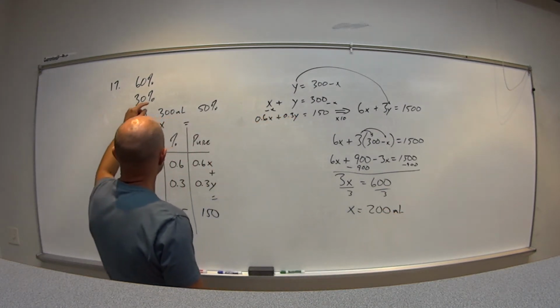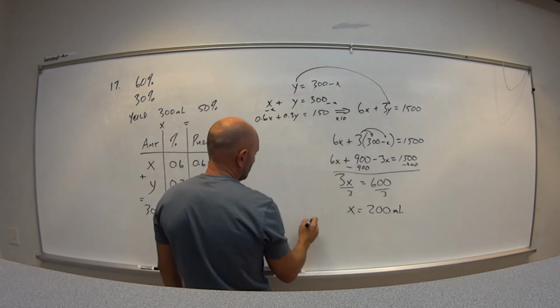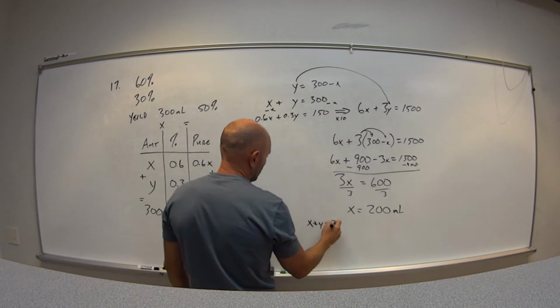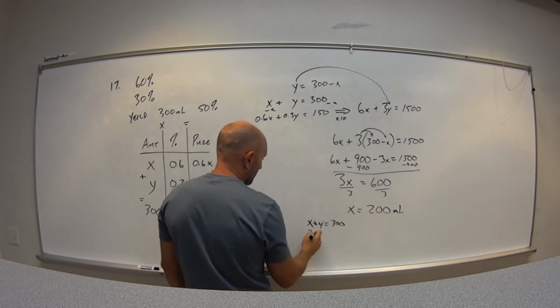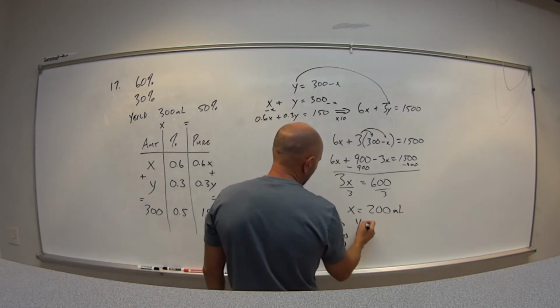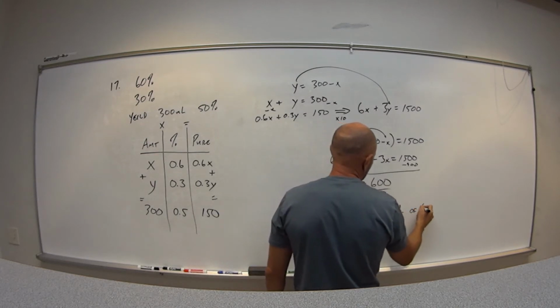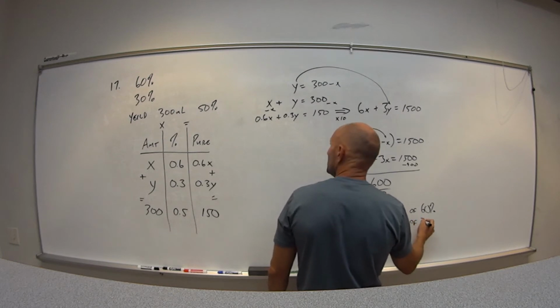And because I need 300 total, x plus y is 300. If x is 200, that means 200 plus y is 300. So y is equal to 100. So 200 milliliters of the 60%, 100 milliliters of the 30%.